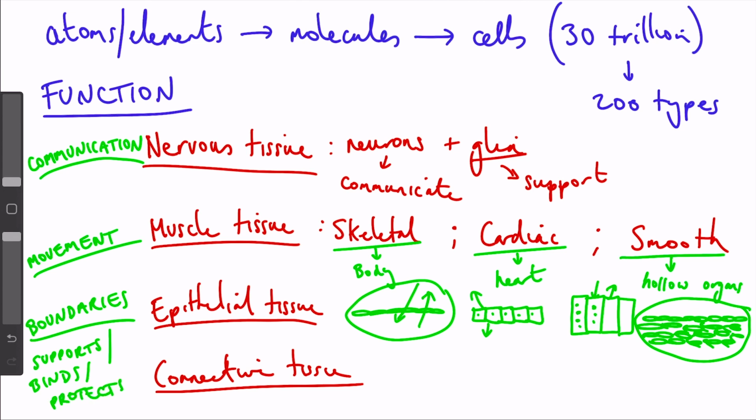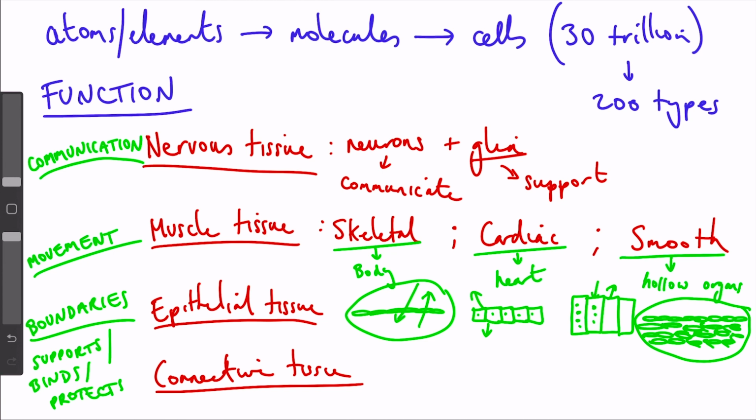So you may find it wrapping around an organ to support it. So for example, a lot of our digestive organs have connective tissue around it and then anchor it to the abdominal wall, so it's there for support. But it also binds it to make sure all its structures stay in one spot. That's important. But it can also protect it from anything trying to invade. So connective tissue is really important.